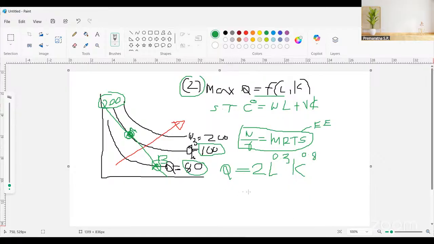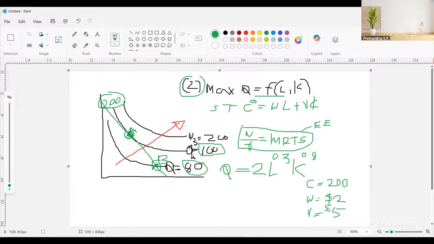With this production function, I can give it in the exam. The cost is, let's say, $200. The market wage rate is already given, let's say $2. The price of capital also, let's say $5.